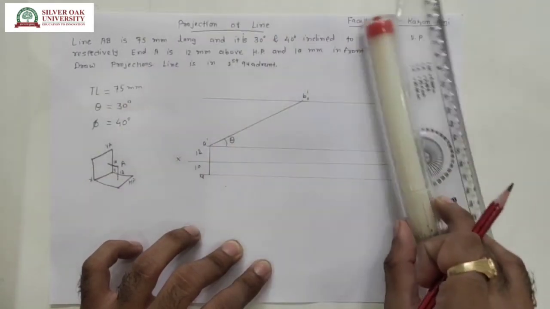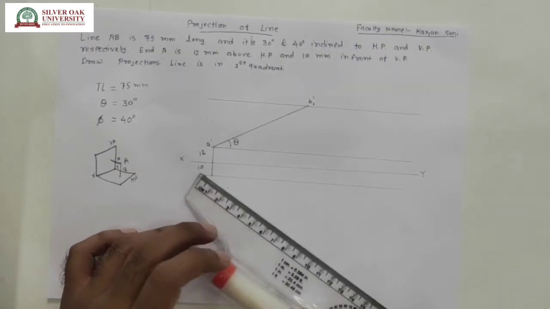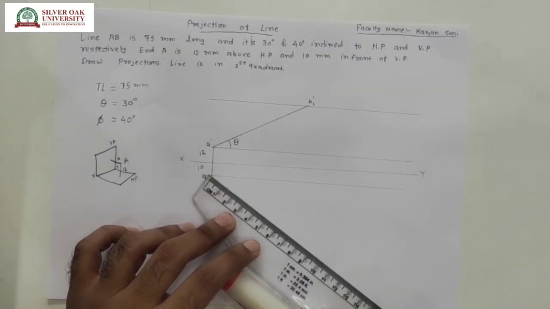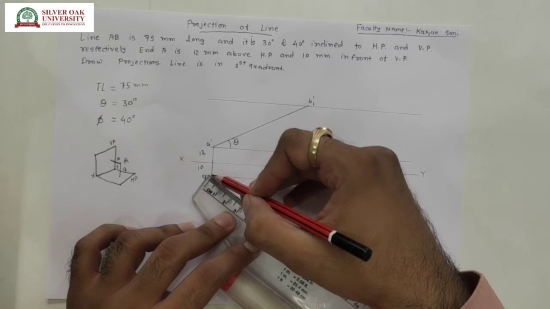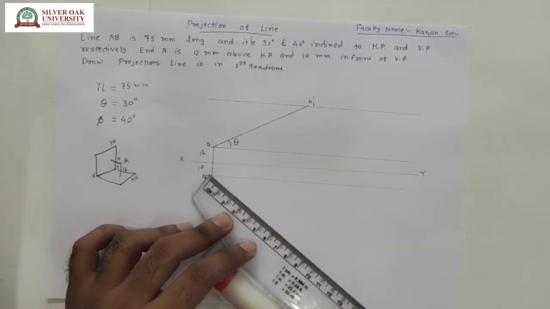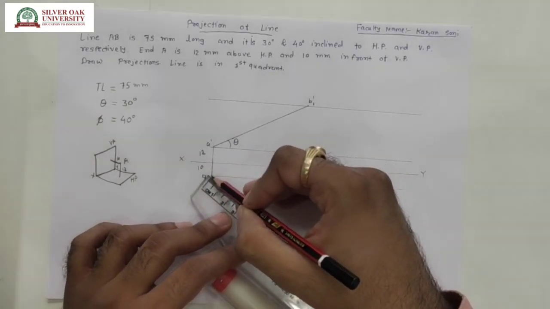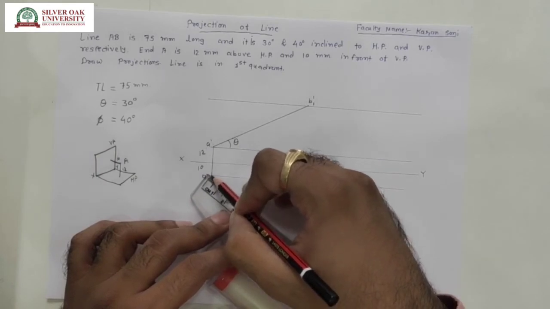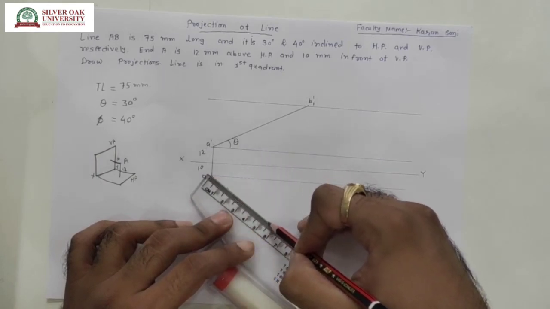So here it is 30-degree, and here this is 40-degree. So here also I can draw the 75 mm long line. So this line just making the angle of 40-degree, and it will move up to 75 mm.